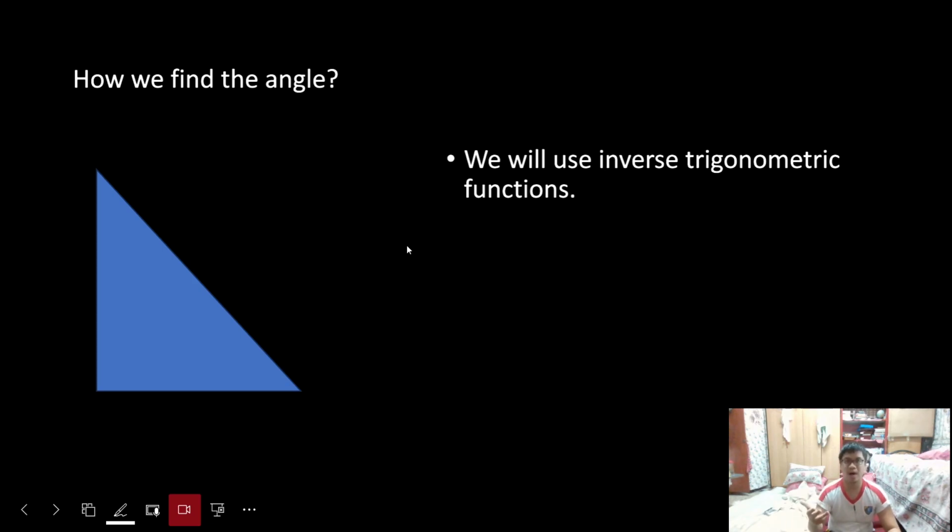Because the way I derive the inverse trigonometric functions of secant and cosecant is just the same as how I will be deriving the inverse trigonometric function of cotangent theta. Okay? So remember that cotangent theta is equal to the ratio of adjacent to opposite.